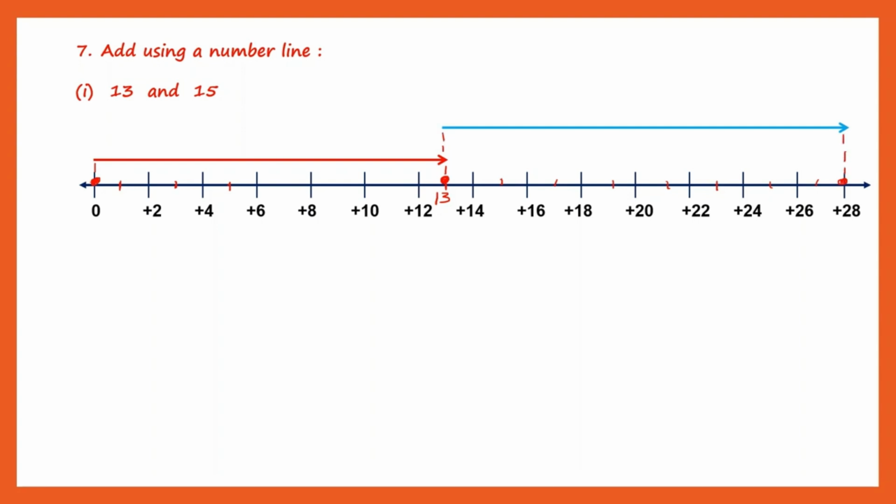In the first thing we added plus 13. Then in the second we added 15 to it and totally we've got plus 28, which is our answer. So when we write this as an addition question, it will be 13 plus 15, which is 28. We have found out the answer with the help of a number line: 28.